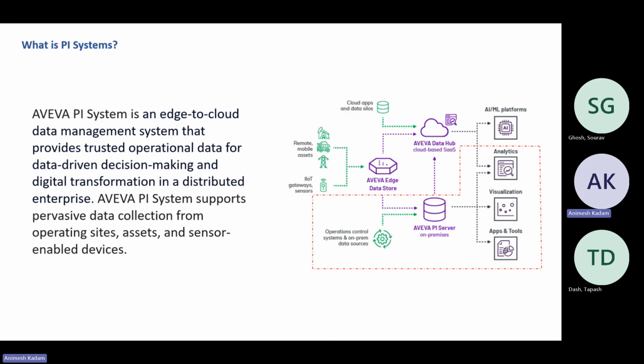Starting with the Pi system, what exactly is the Pi system? Pi system is not a new tool. Though Industry 4.0 and digitization are new concepts from 5-10 years back, Pi system is quite an old tool, 40 plus years, and it has evolved over time. OSIsoft started the Pi system as a data historian.